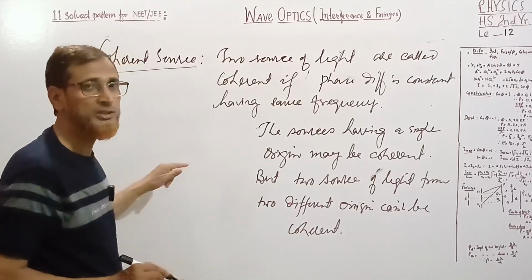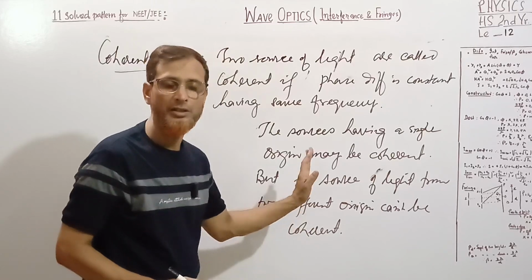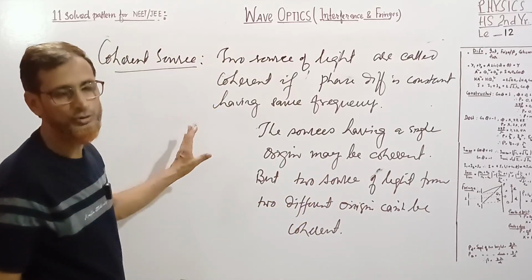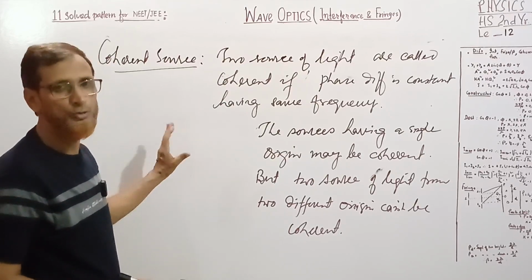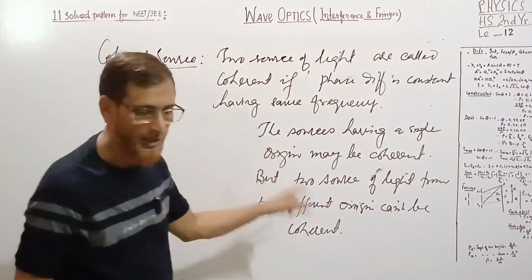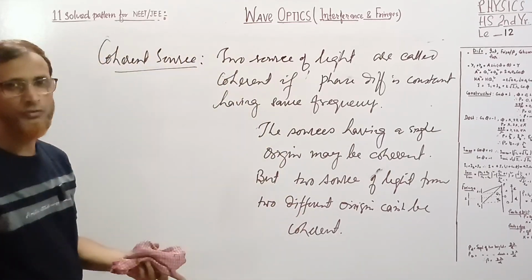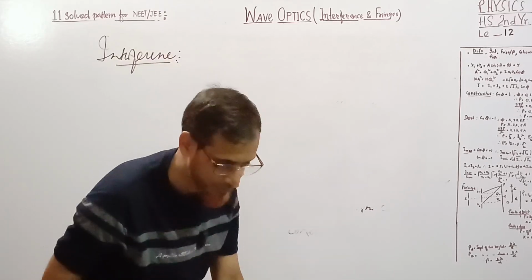If they come out from the same source and become two, then they will be coherent. Otherwise, sources of light having two different origins will never be coherent. So for a coherent source, the origin of the light should be a single point. So, interference.